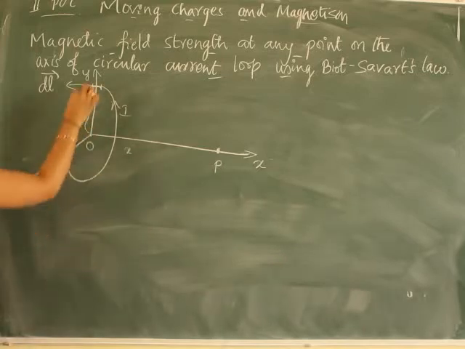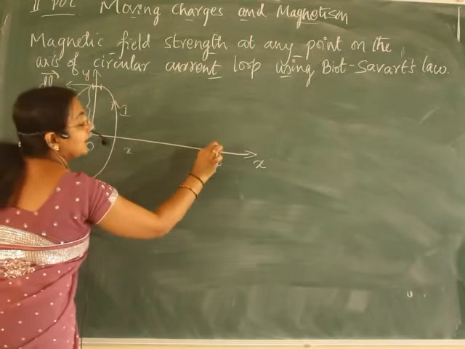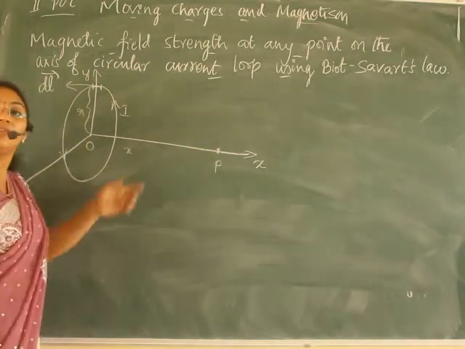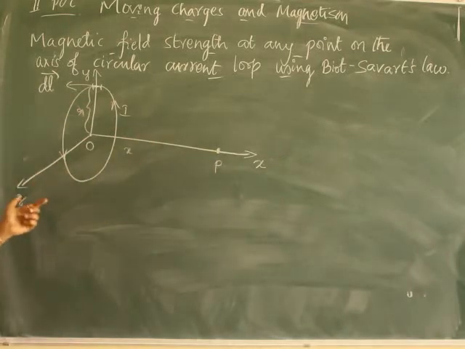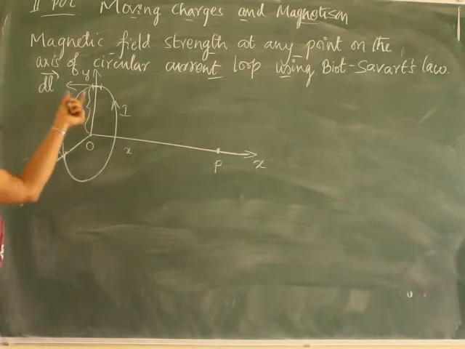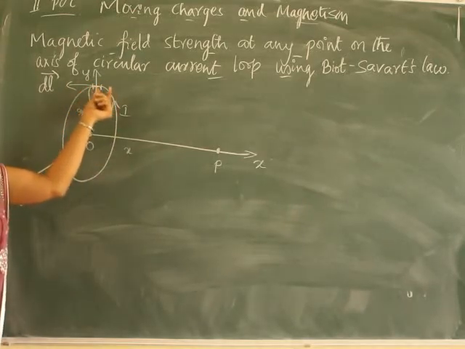Due to this small element, what is the magnetic field at this point? We will first find that out, then we will find it for the entire loop. So let us consider a small infinitesimal element dl.